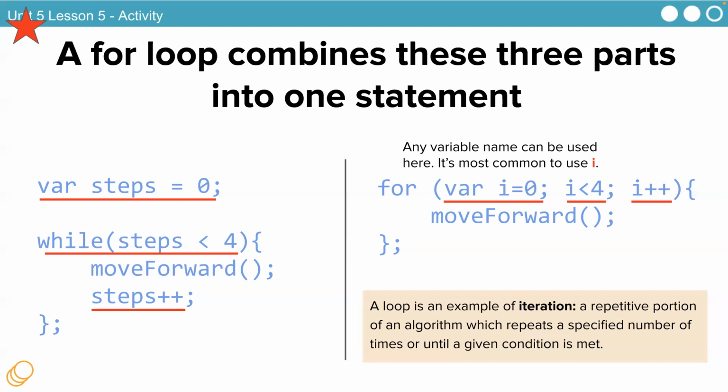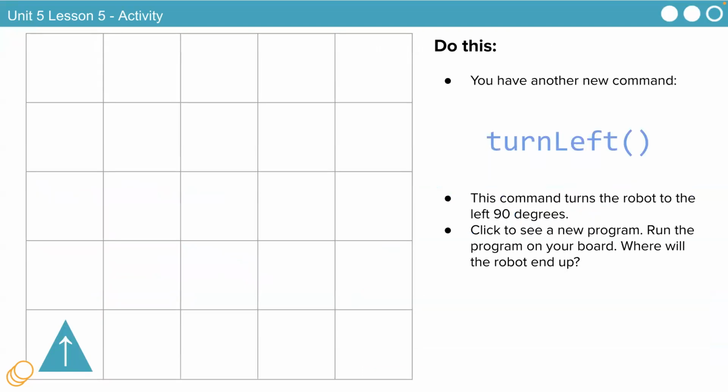If you have a command you want to run 8 times, I is less than 8. And if you have a command that you want to run for the length of a list, I is less than list name dot length. Okay, does that make sense? So that's mainly the part that you're going to change. The rest of it is not going to change. And then, of course, the code that you're going to run every round is going to change.